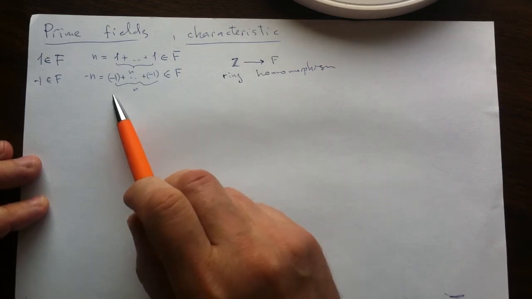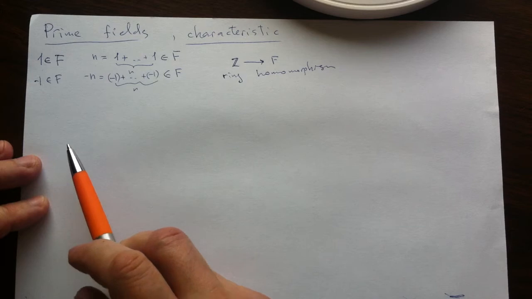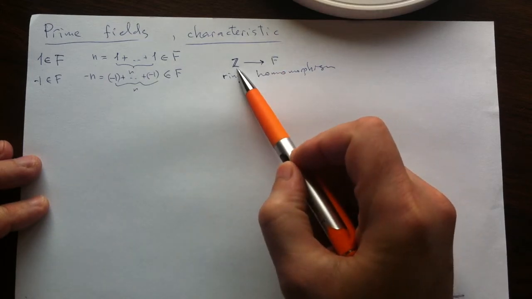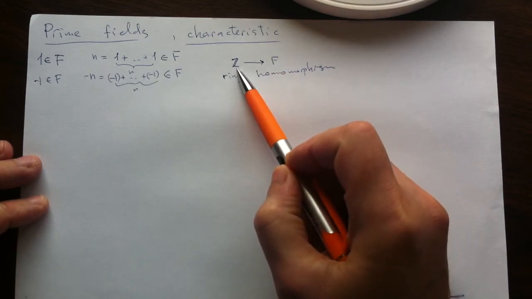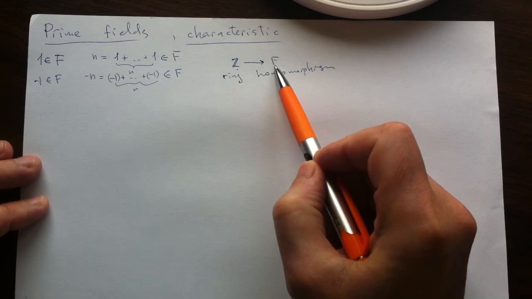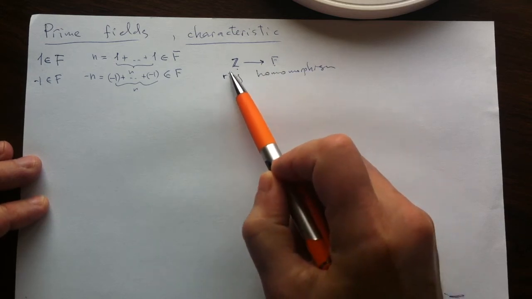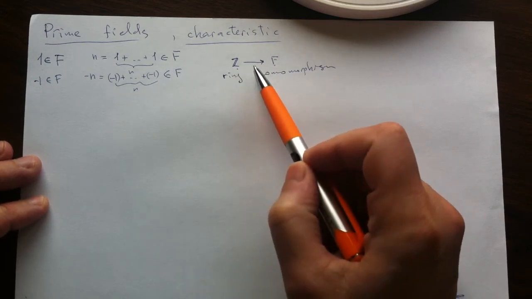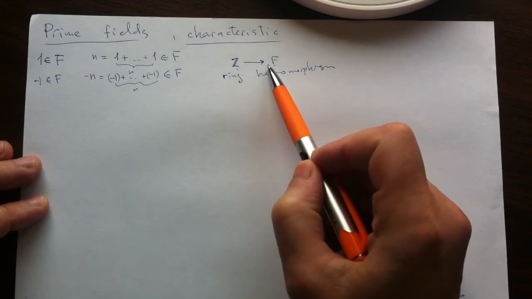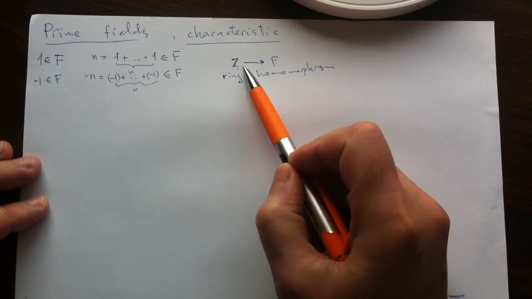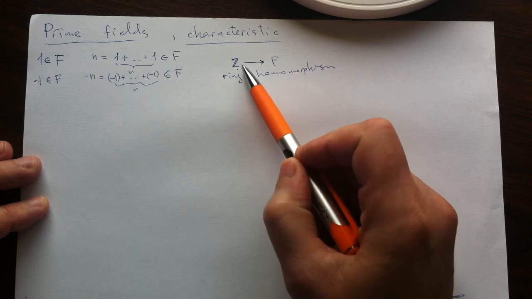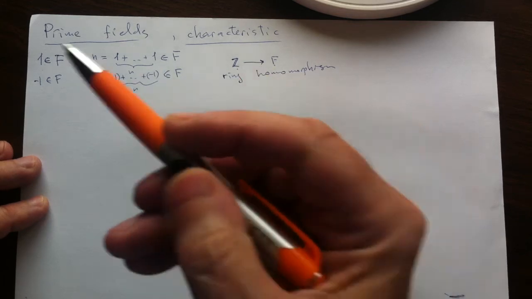But we are looking at fields, and we will explore this field condition really soon. So right now we have a ring homomorphism according to the general principle. The homomorphism might not a priori be an embedding, an injective homomorphism, and the measure of it being injective is the kernel.